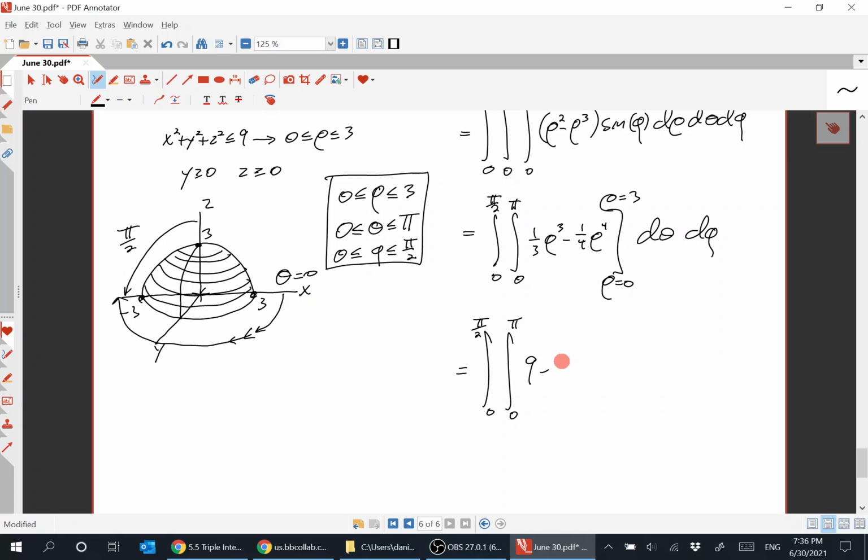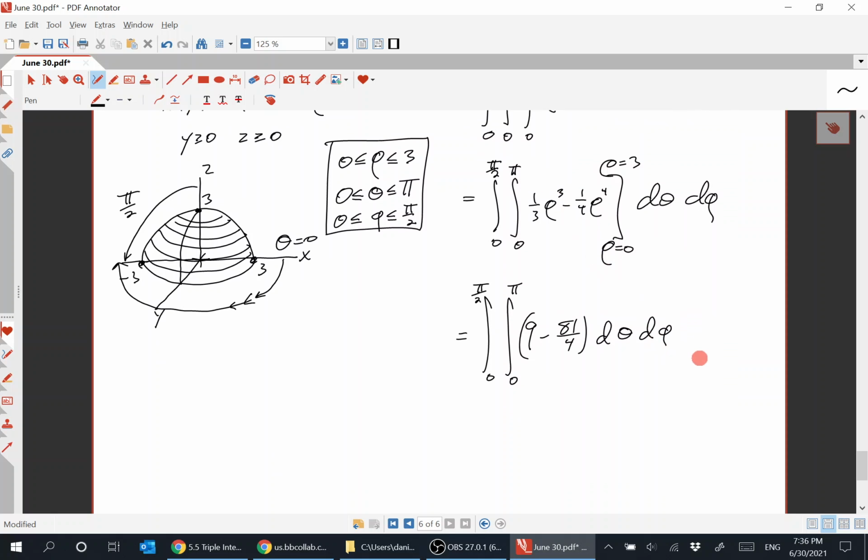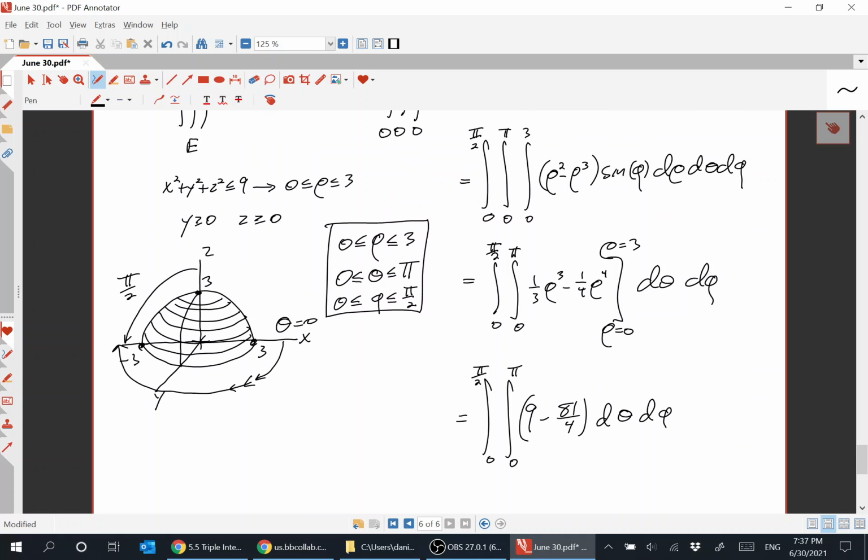Minus 81 over 4, which is a negative number, which is fine, d theta d phi. And of course at 0, this is 0. Oh, I lost my sign somewhere. Where'd that go? Sine phi d theta d phi.